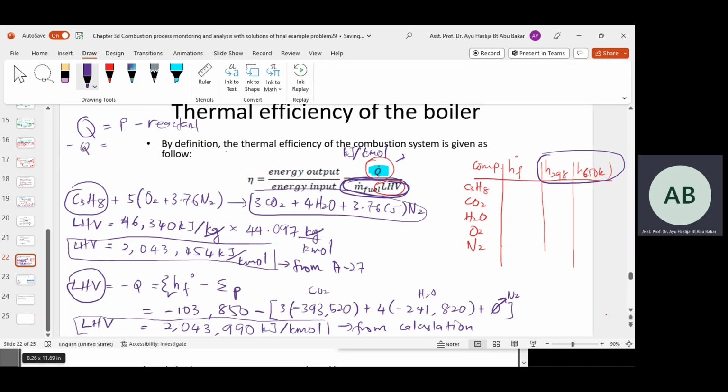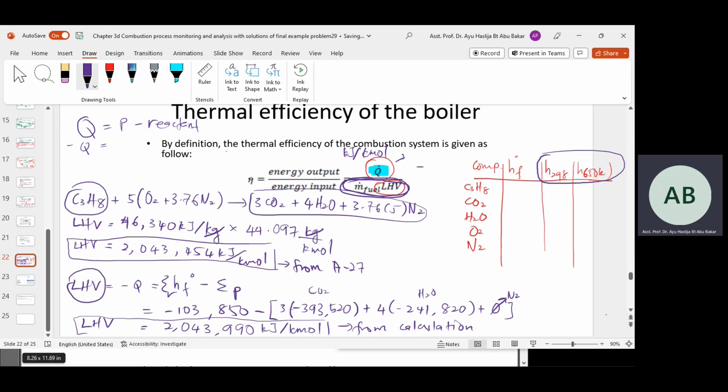For the thermal efficiency, we need the numbers only. The sign is not that important for the efficiency. When you calculate your Q, you will get somewhere negative. Negative means exothermic, so that amount of energy is being released.